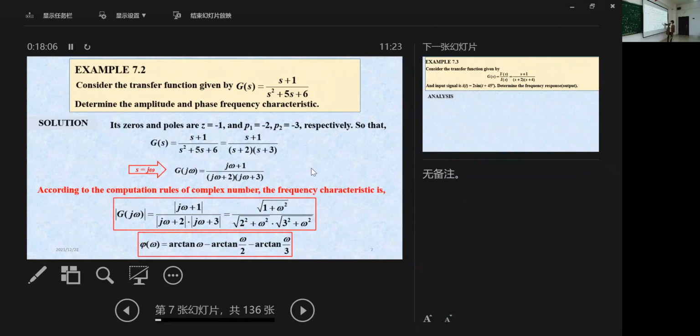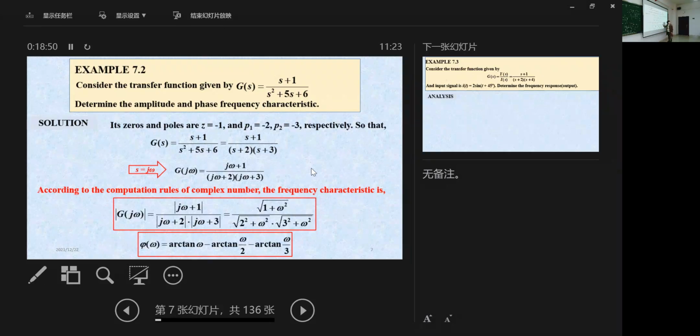According to the rules of complex numbers, if you calculate the amplitude of G(j omega), then it is the result for each part, the amplitudes multiplied together. For the numerator, the amplitude is real part 1, imaginary part omega, so the square root of 1 squared plus omega squared.